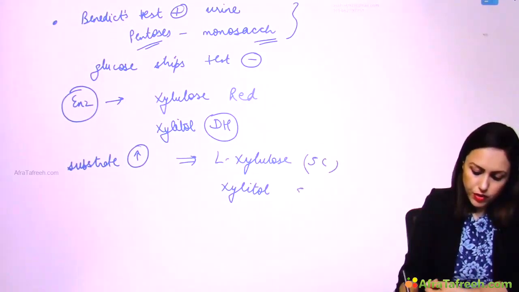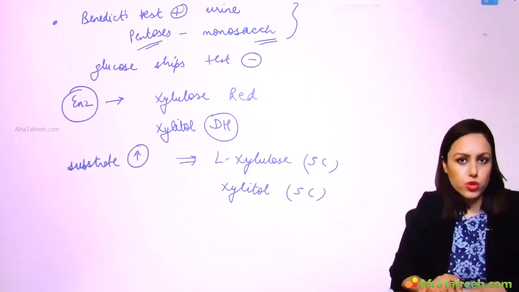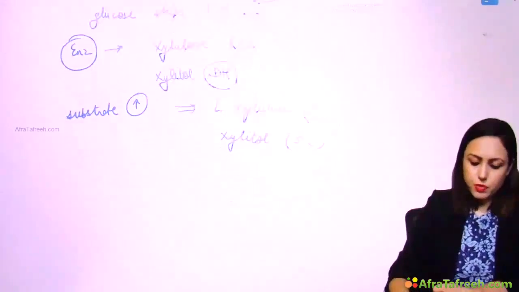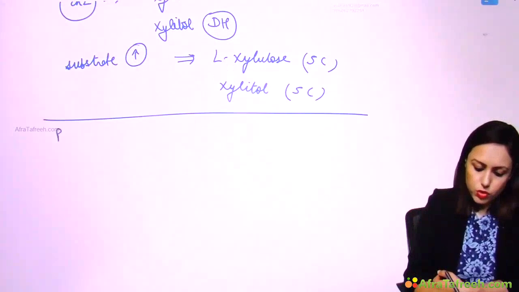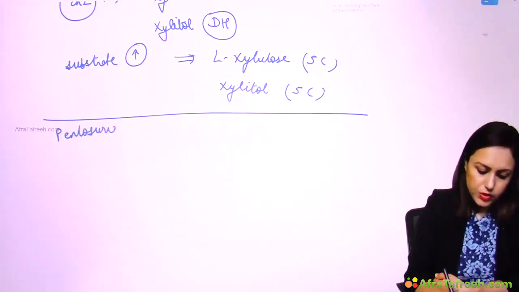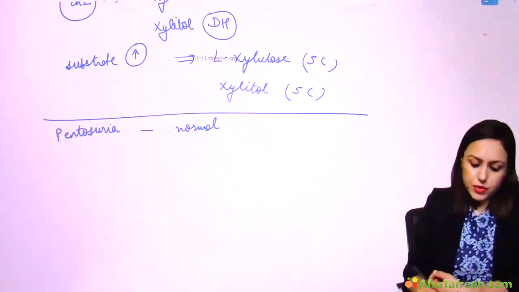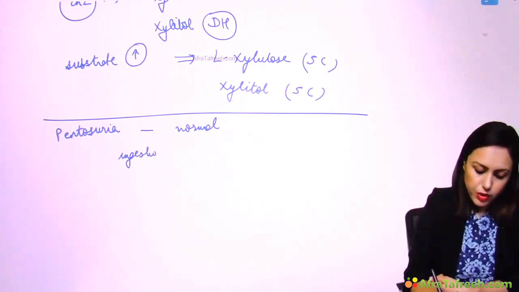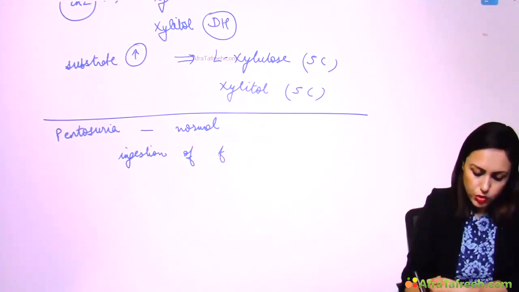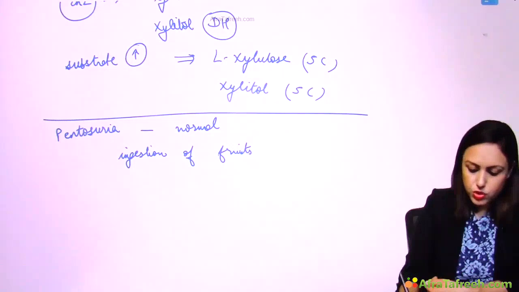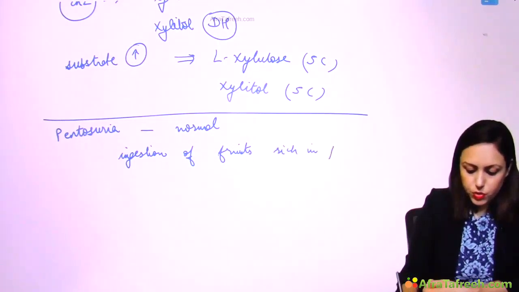Both are 5-carbon compounds, that is pentoses. This condition, pentosuria, can also occur in a normal situation. Like in a normal person, if there is large ingestion of fruits rich in pentoses, then also pentosuria can occur, right?